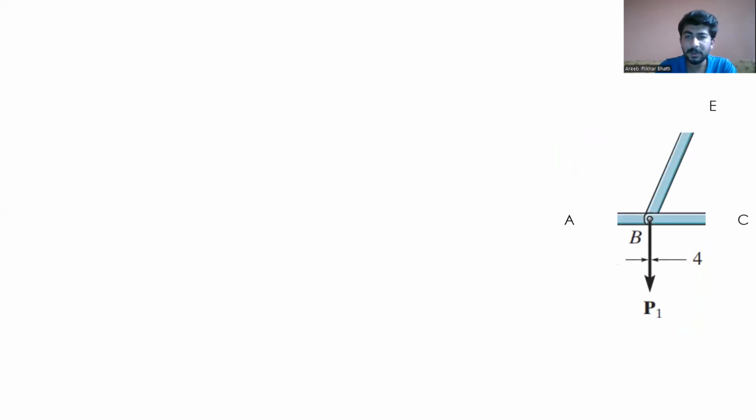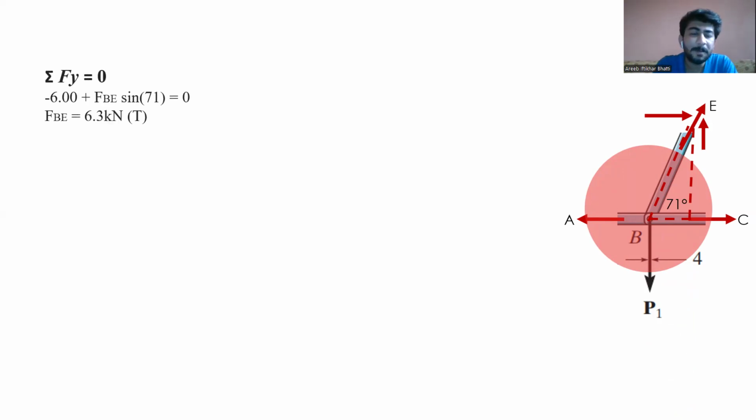At joint B, a force is acting vertically downward, and there are three members connected with joint B. You are seeing that the angle between these two members is about 71 degrees. When I apply force in the y direction, I get minus 6 kilonewton force, which is force P1, plus force in the member BE with its vertical component, sine 71 degrees.